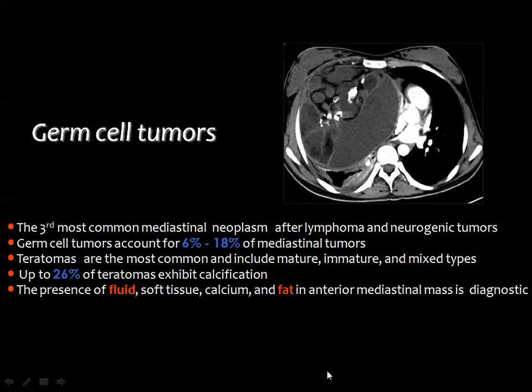Then germ cell tumors are considered the third most common mediastinal neoplasms after lymphoma and the neurogenic tumors. These tumors are easily diagnosed by imaging because of the presence of specific components that are fat and calcium inside the lesion.